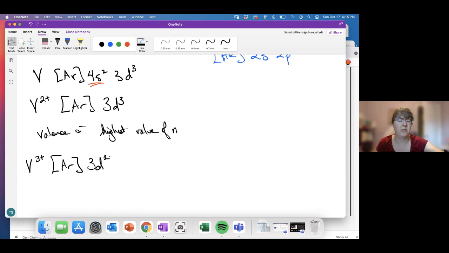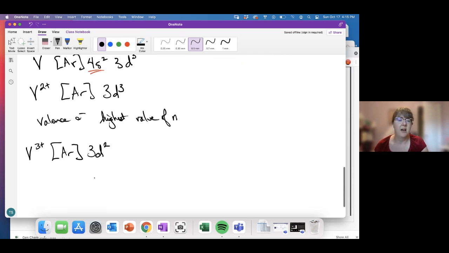So there's a lot of different ways we can ask questions with this, because we can do things as simple as just what is the electron configuration for vanadium 2+. We can certainly do that, but one of the end of chapter questions in chapter 4 asked something like, which of the following, so I think it had you rank them, but I don't have that exact question ready to go.